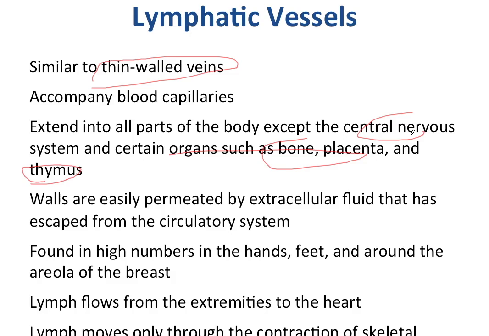Since the vascular wall has many large pores, those vessels are very permeable, so they allow large particles to get in.